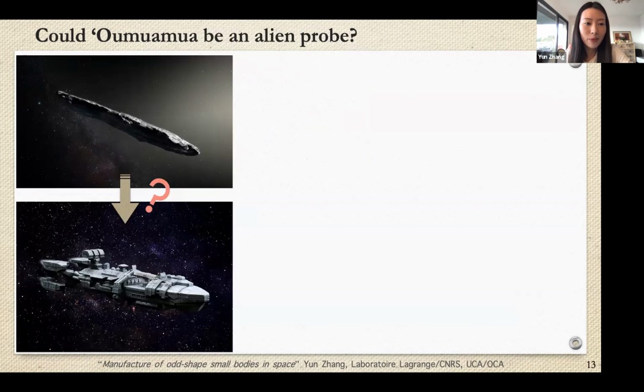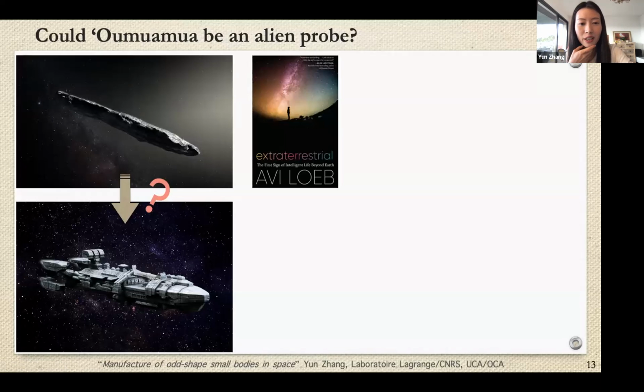And this figure is just for joking, but a few scientists actually advocated the idea that Oumuamua is alien technology and have written a series of papers and published a book about this idea. They suggested a solar sail is the reason causing the observed non-gravitational acceleration.